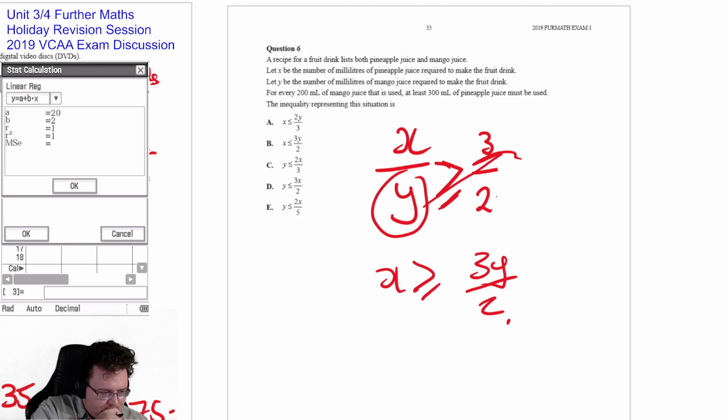Now, small problem is that this doesn't match any of these because that's the wrong way around and it's upside down. But one of these will have to be equivalent.